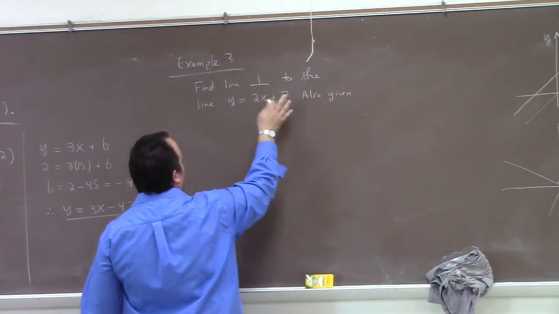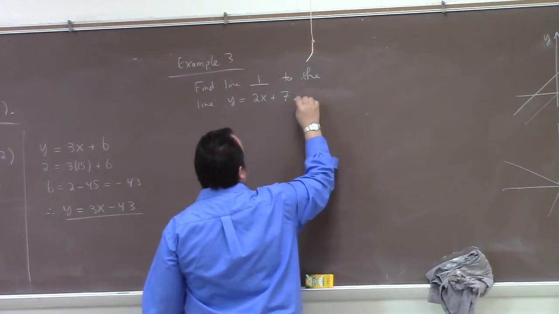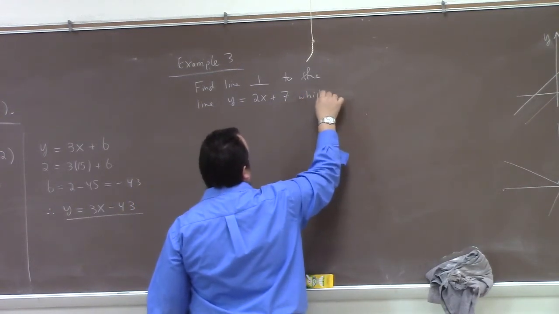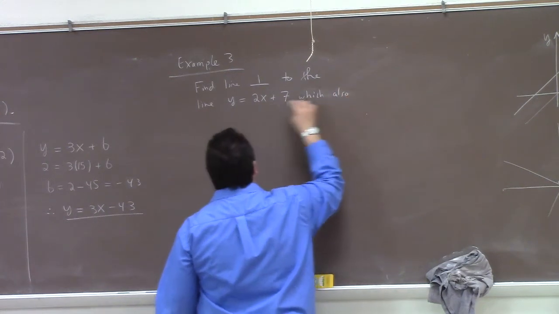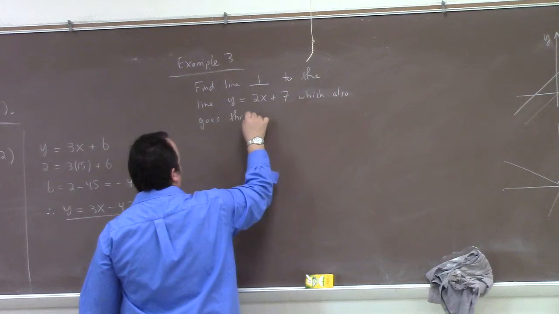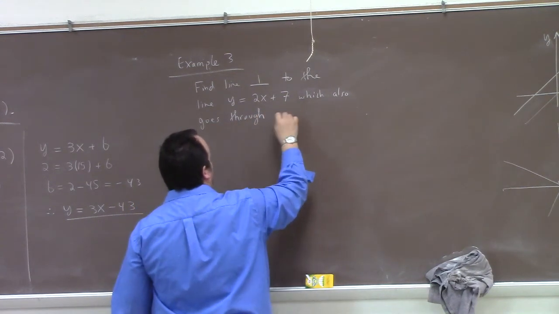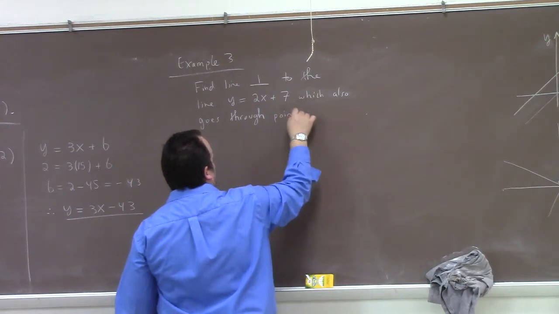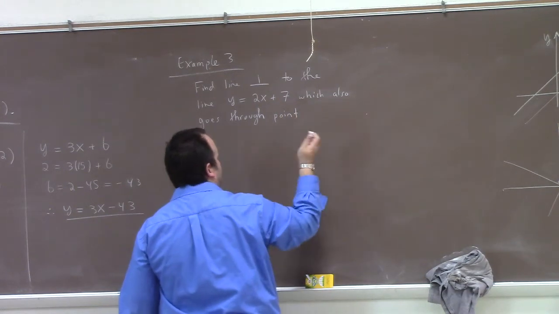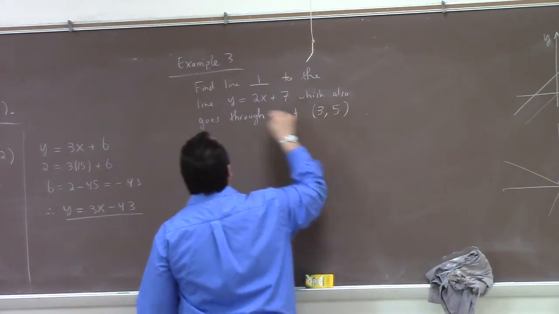Find the line perpendicular to the line y equals 2x plus 7, which also goes through, I'm not fond of the wording here, but I don't feel like writing this all out again. Well, it goes through the point. You guys pick the point. Any point you want. 3, 5. 3, 5 it is. All right, good.